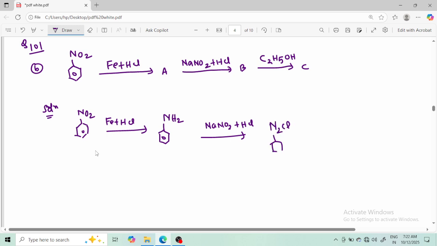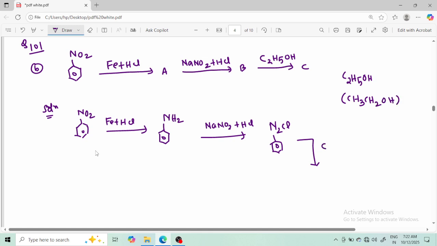So this is the diazonium salt. And then if it's given C2H5OH, we can also write this as CH3CH2OH, yes or no? So that's our ethanol part.